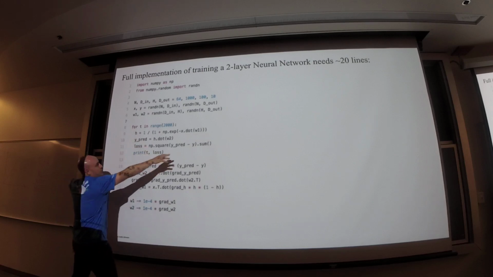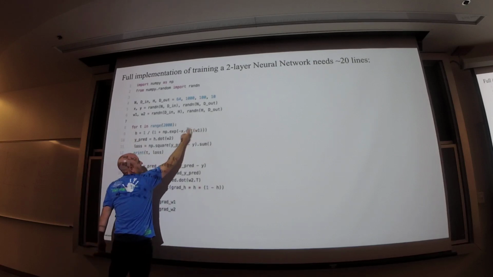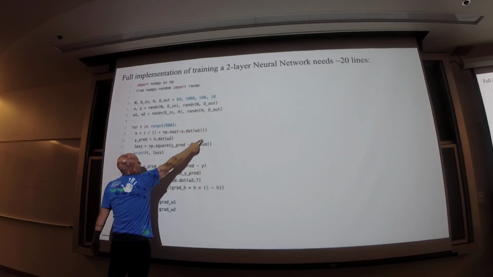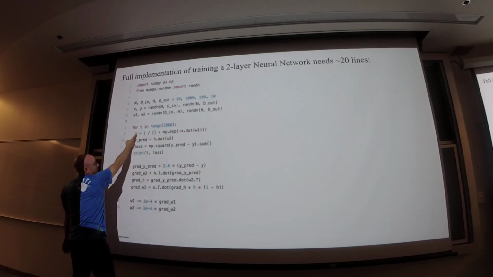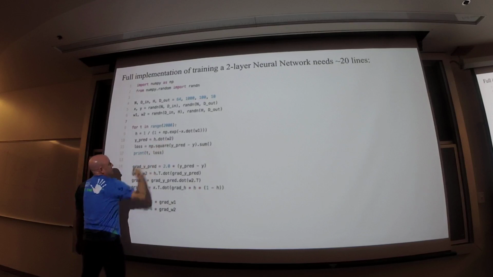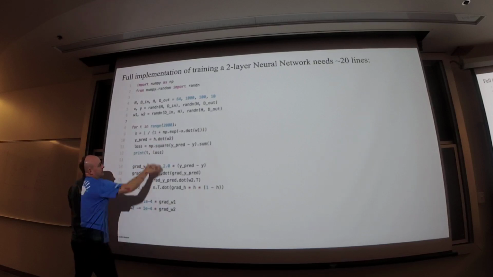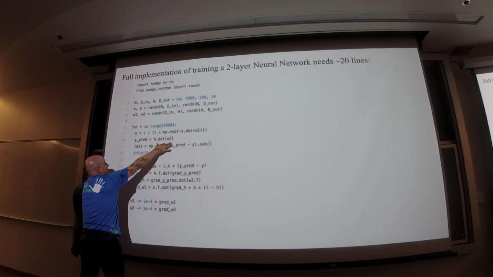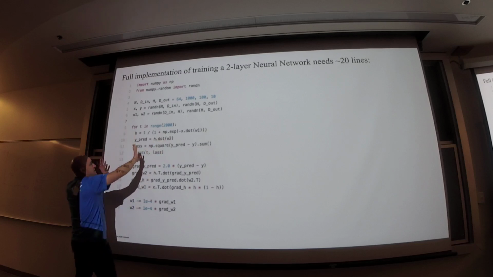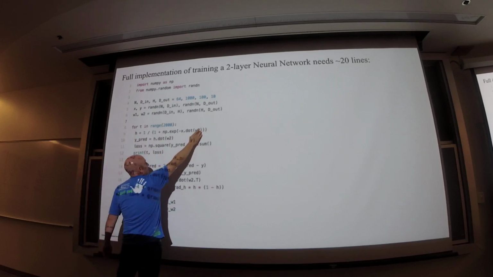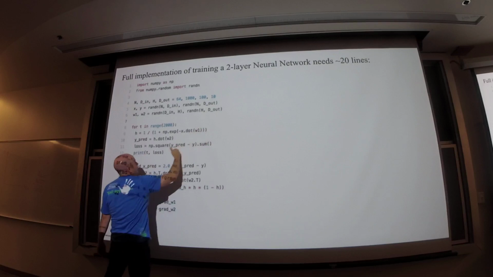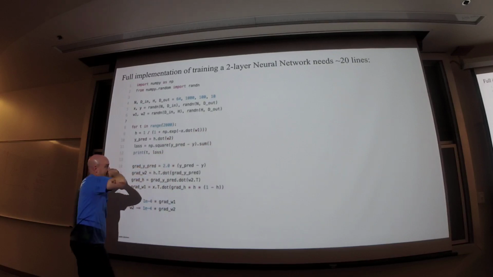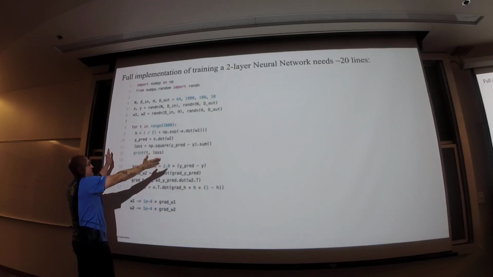So this is your initial set of weights times your initial input. You apply this activation function of sigmoid to get your hidden output. You get your output for the next layer here. There are no biases in this. If there were biases, you'd be adding a bias term here and a bias term here.